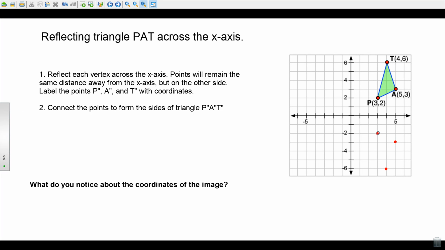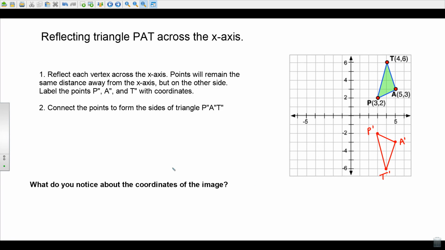Let's add in the sides now. And let's label everything. So this was P prime, A prime, T prime.